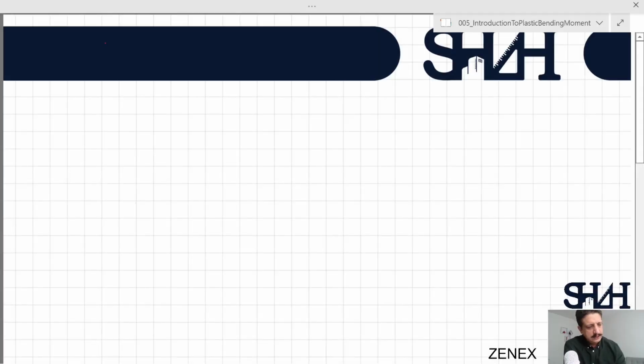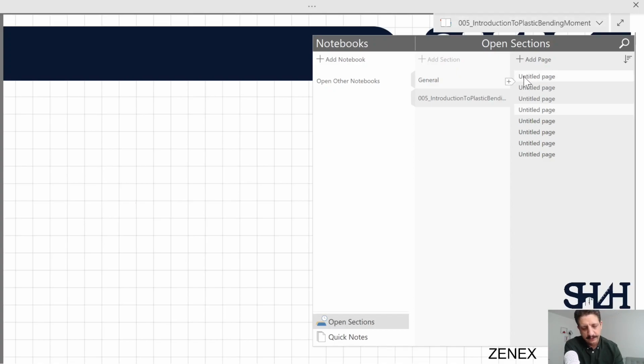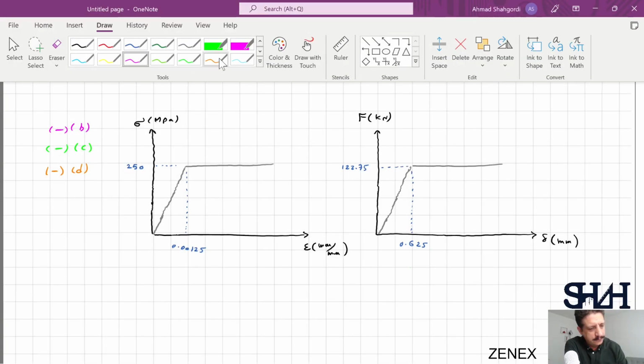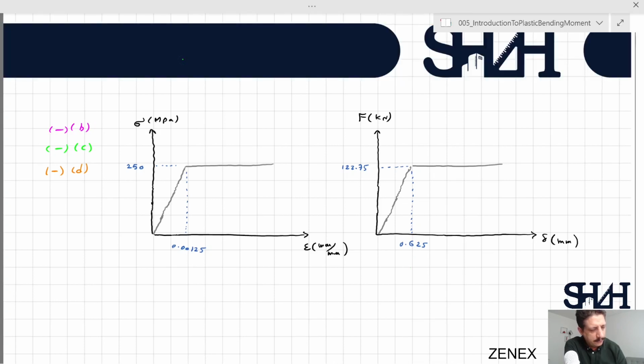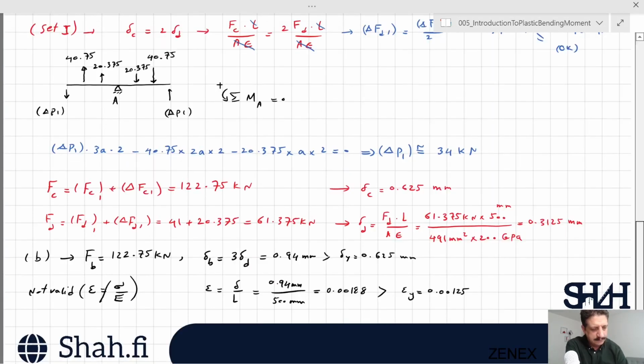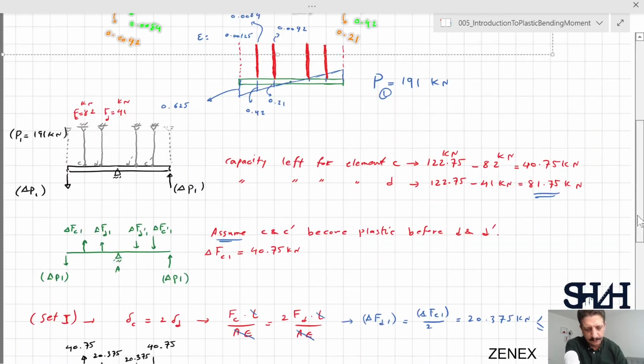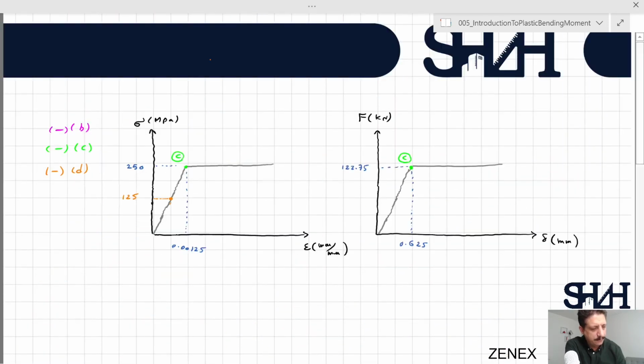Now we can sketch the situation for three elements. I start with the element C, which is now in its yielding point. C is here. It's taking maximum or yielding load, which is 122.75. And now the load in D element is 61.375. So it will be 125 megapascal corresponding to 0.000625.